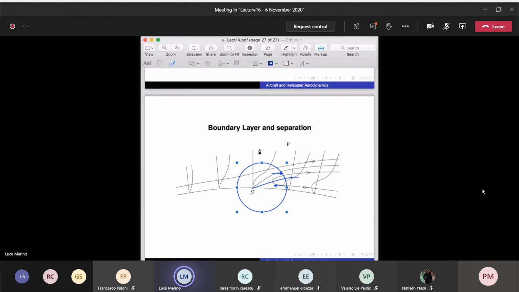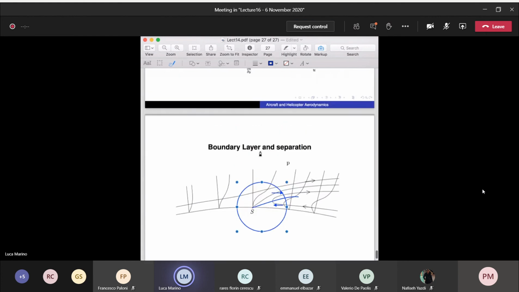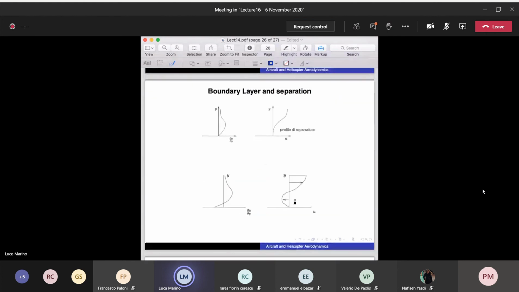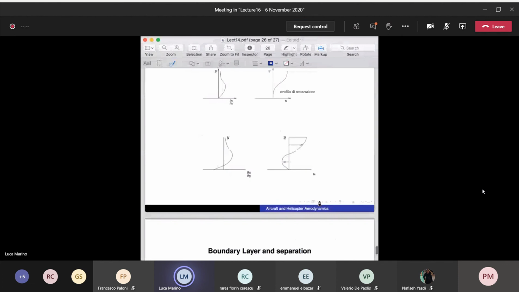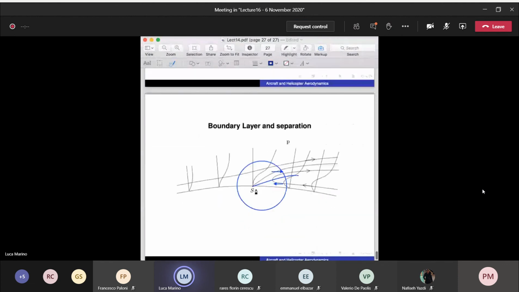Pay attention, because if you have a code, you can push the integration also behind this point, but what you are going to obtain is something that is not correct, because the hypothesis on the basis of the approximation is no more fulfilled. Okay, so remember, this is what I said at the beginning.